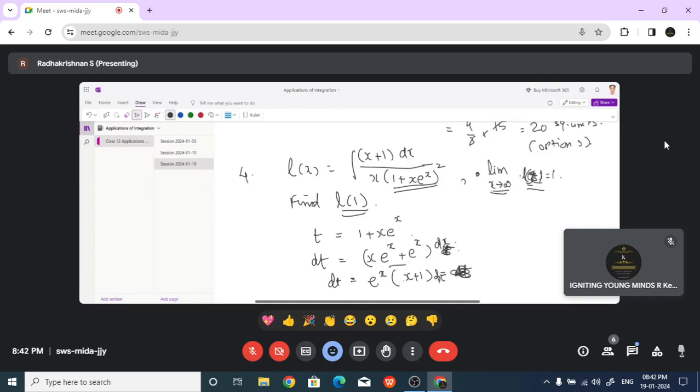So that means it's x plus 1 dx. You see it in the problem, right? x plus 1 dx is equal to dt divided by e power x.